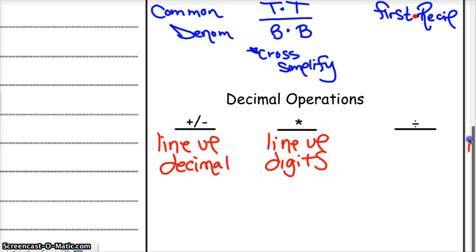They get confused about whether they're lining up the decimal or the digits. So that's why I'm only including line up digits here. And then when you divide, make sure it's a whole number on the outside. Tons of stuff for our brains to keep organized.